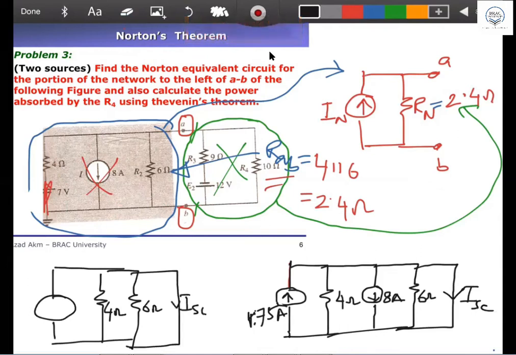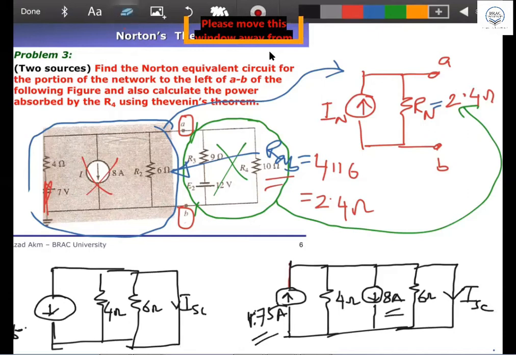What is the value of the current source? 8 minus 1.75 is 6.25, right? Good. I'm writing 6.25 ampere over here.